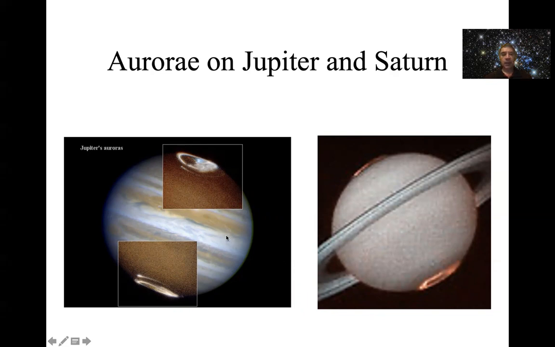These streams of charged particles are going all the way out through the solar system. Once they've left the sun, they're not going to stop. So obviously this is also telling us that Jupiter and Saturn have magnetic fields.